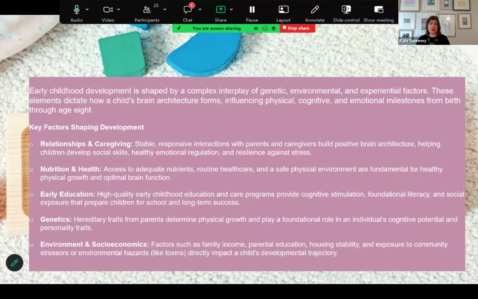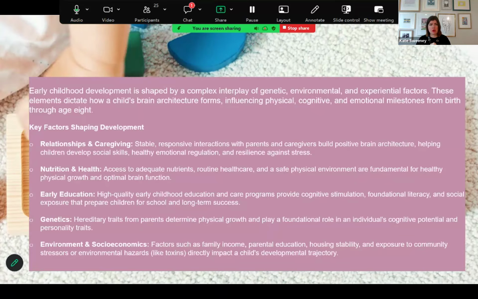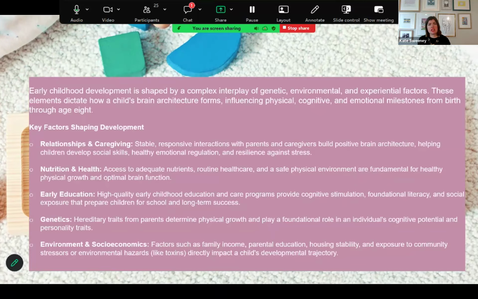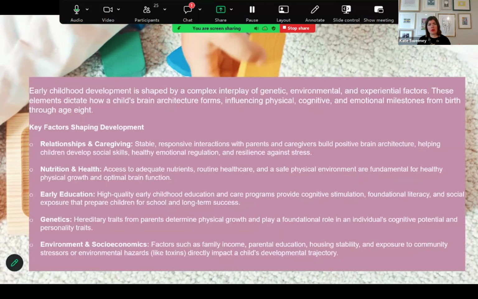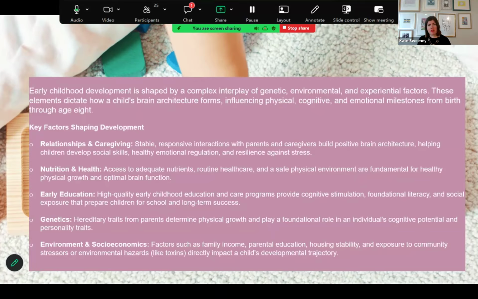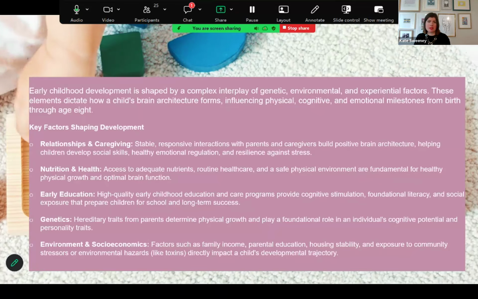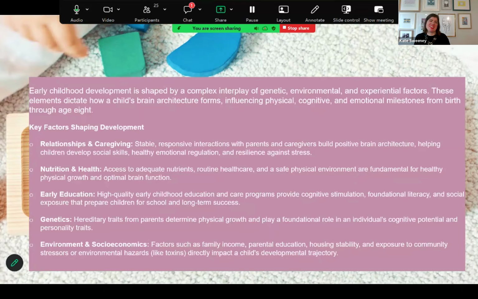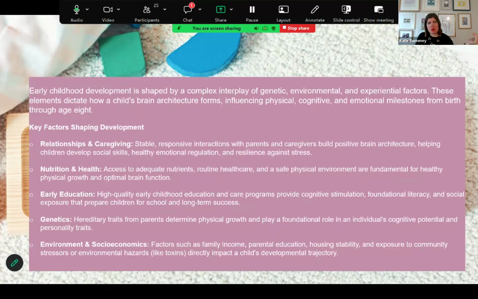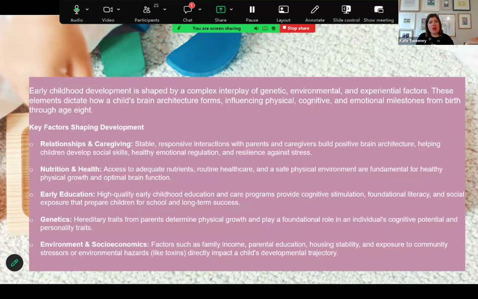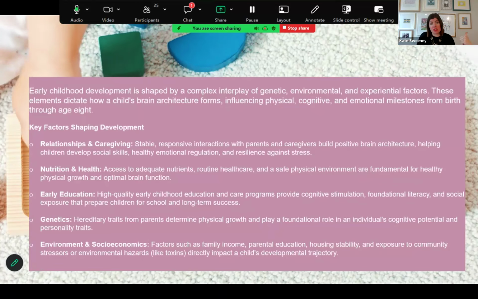So the interplay here is so specific, and we want to think about the factors that shape development, to include relationships. If I've said it once, I haven't said it enough, right? That's such a key in any component of infant and early childhood mental health. Then their own health and nutrition, right?